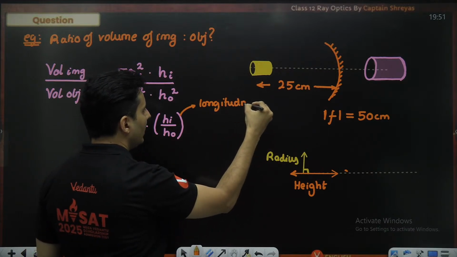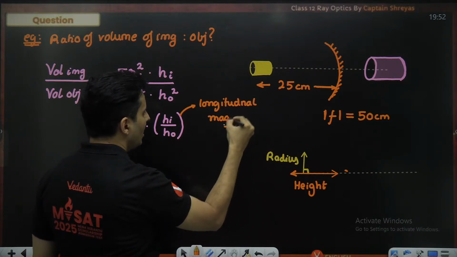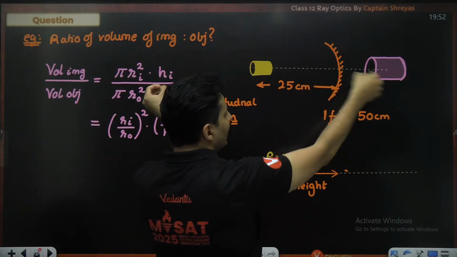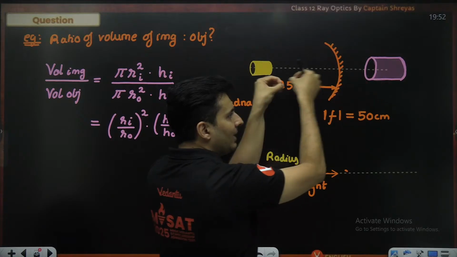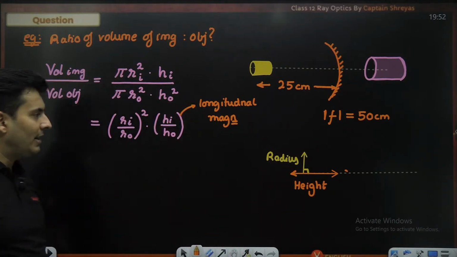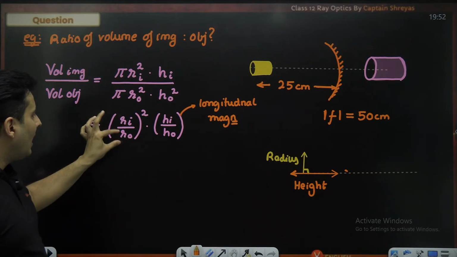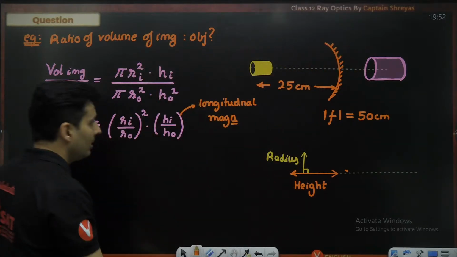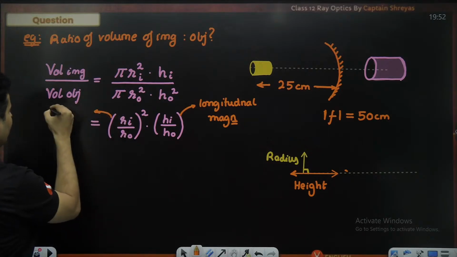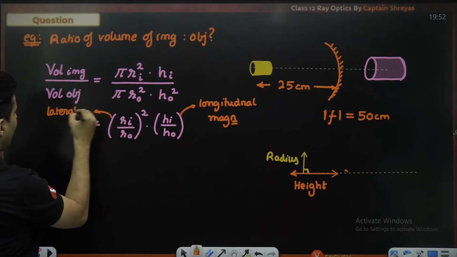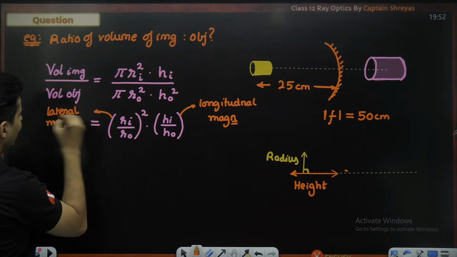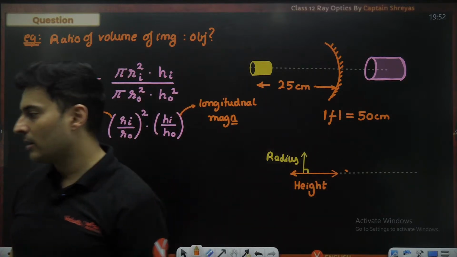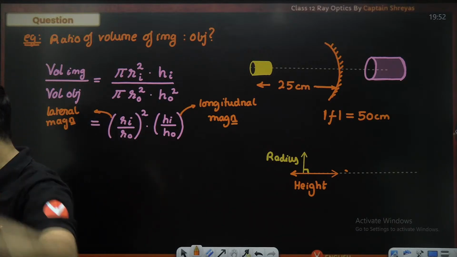This is longitudinal magnification. How many of you got it? Hi by Ho, height of the image upon height of the object, that is expanding along the principal axis, so that is longitudinal magnification. Whereas this Ri by Ro, that is perpendicular to the principal axis, that particular term will be lateral magnification. That is the most critical step of this entire problem. Rest all is calculative, but if you understood it, perfect.